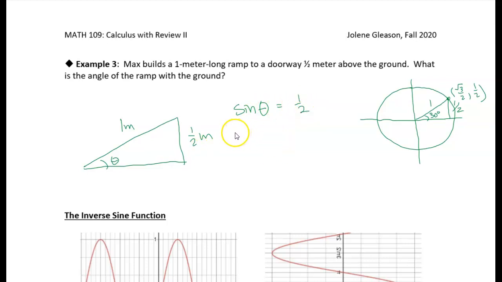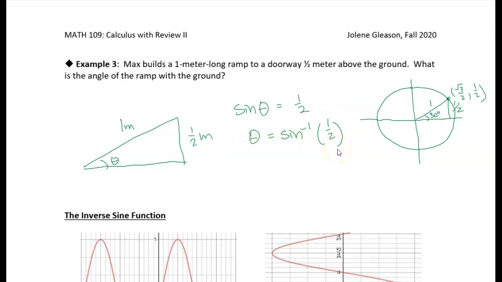And we can introduce another new function. We can introduce the inverse sine. It's going to tell us the angle given a sine value. So we could use the sine inverse of 1/2 to give us the angle that we're looking for. Now you can plug that in your calculator.